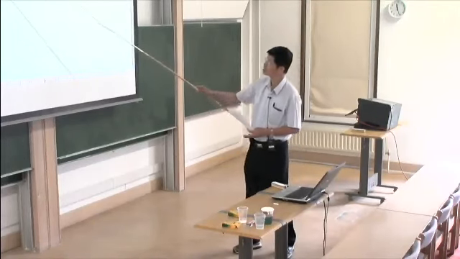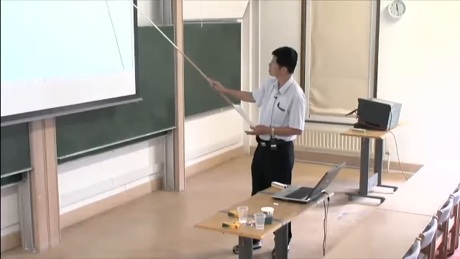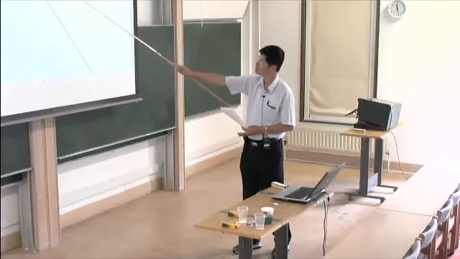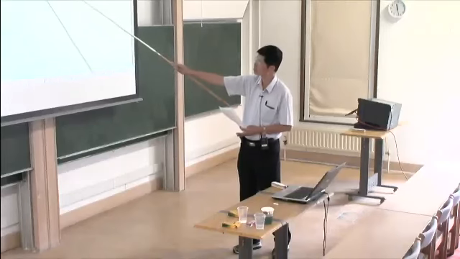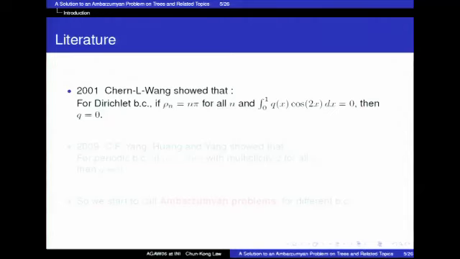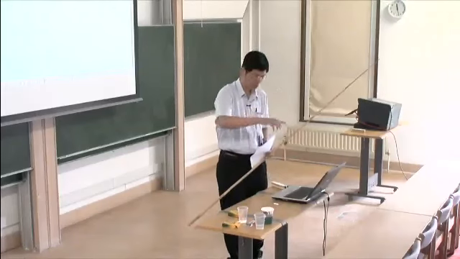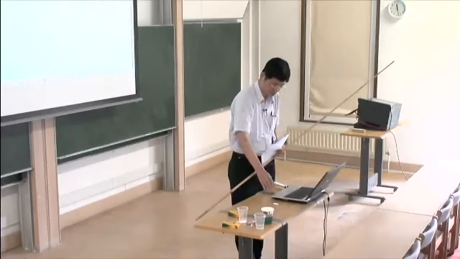We found that for Dirichlet boundary conditions, if we add one condition on the potential function, then the set rho_n, of course the square root of lambda_n, can determine that Q is 0. This condition looks like a Fourier coefficient. So if the second Fourier coefficient of Q is 0, then all the other Fourier coefficients under this condition have to be suppressed to 0.